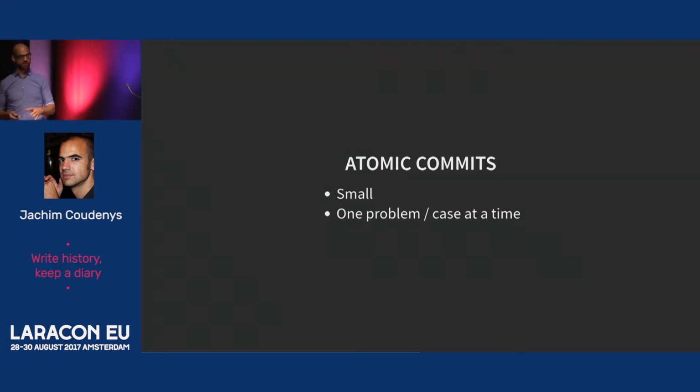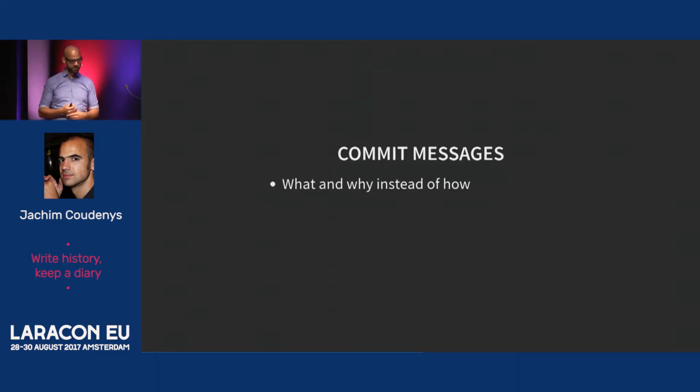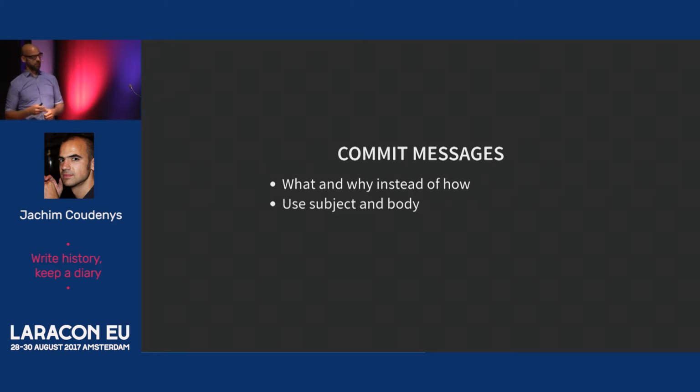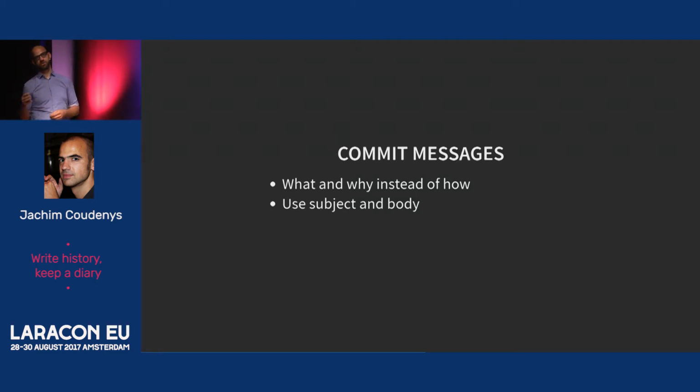So this is level 0 for a commit. Commit messages should tell you what and why you did something instead of how you did it. People can just open the diff and see how you did it, but you have to write why you did a change, because it's not always clear from the changes you made. The reason I use Git the most is because you can have a subject and a body, and not a lot of people know that, because most people just use the subject.